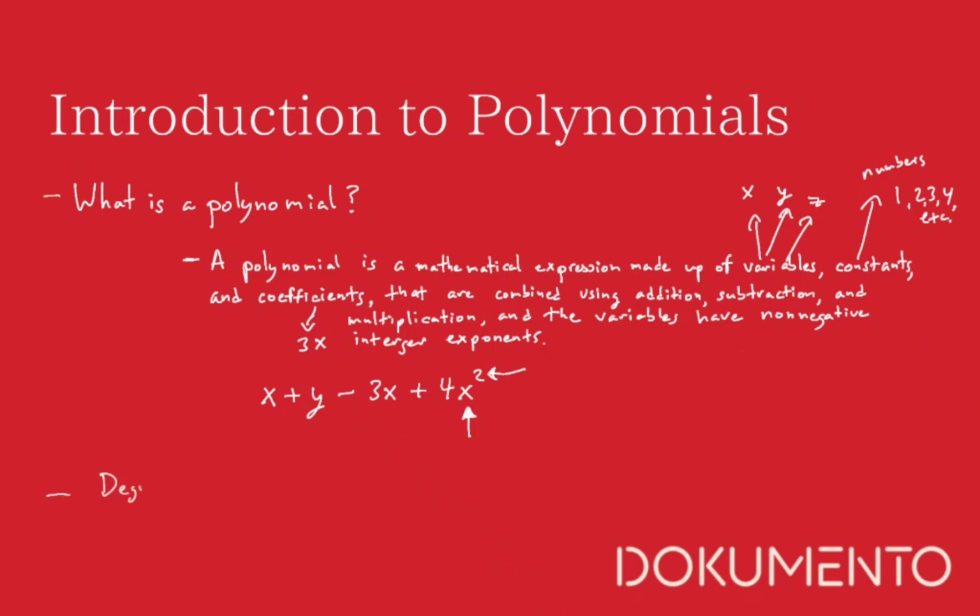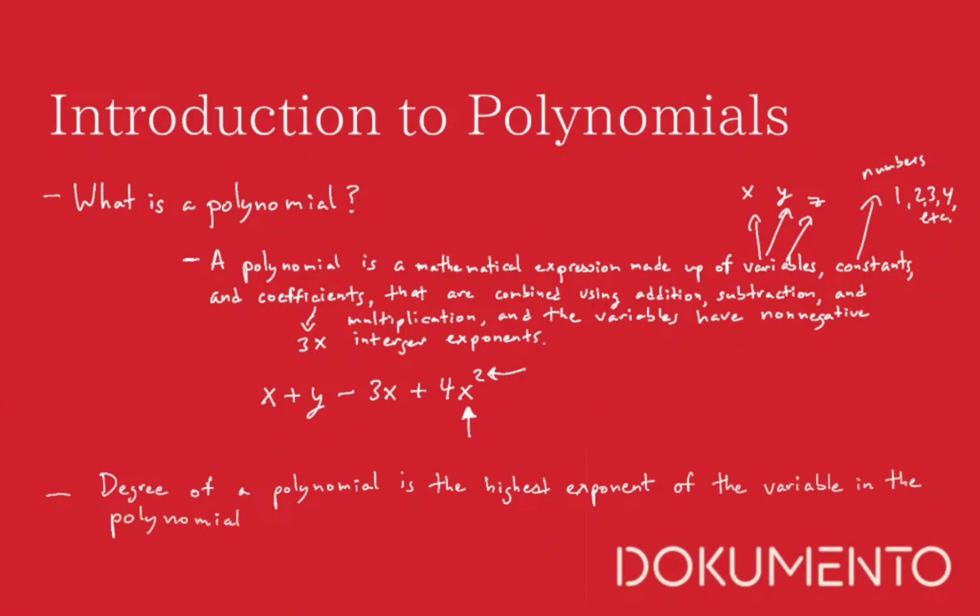Sometimes they'll ask us, what is the degree of the polynomial? And a definition for that is that it's the highest exponent of the variable in the polynomial. So in the example that we just gave, we would rearrange it so that it's in what's called standard form.